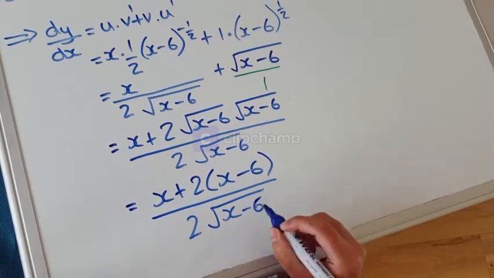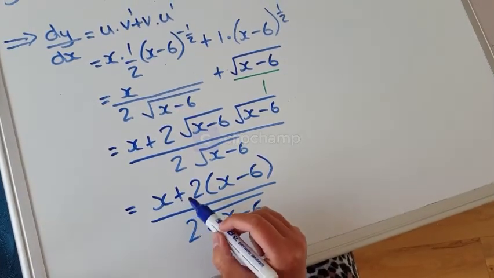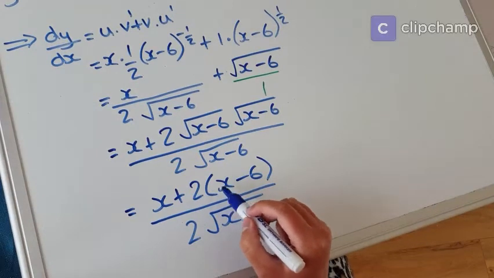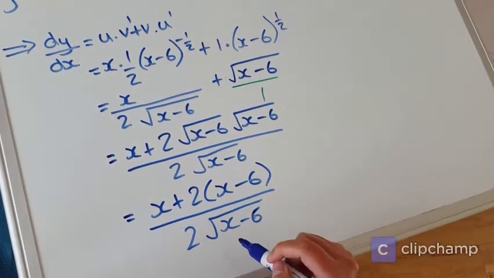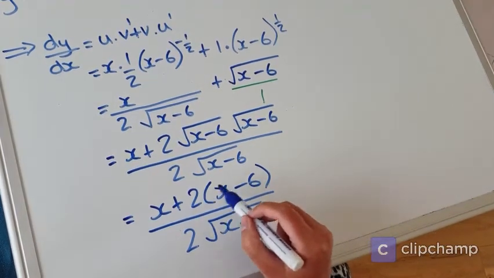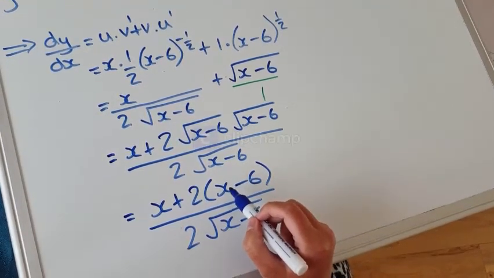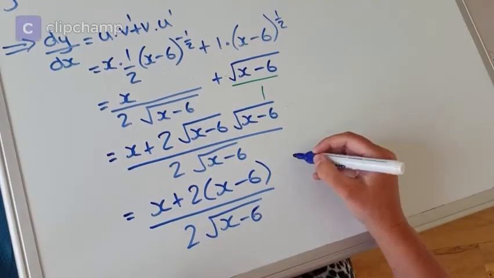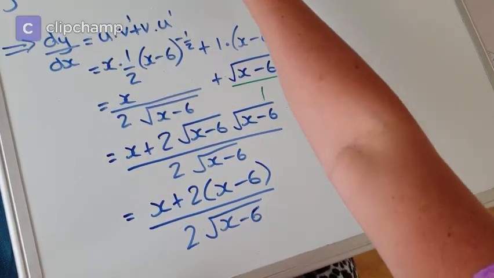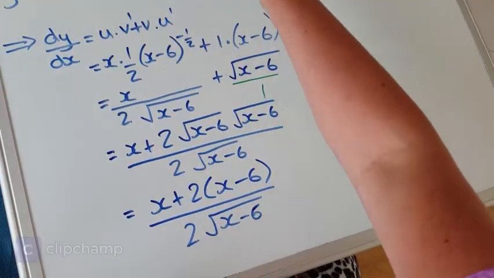So we're left with x plus 2 bracket x minus 6 all over 2 root x minus 6, and what we can do is multiply out the numerator so that we can gather like terms.